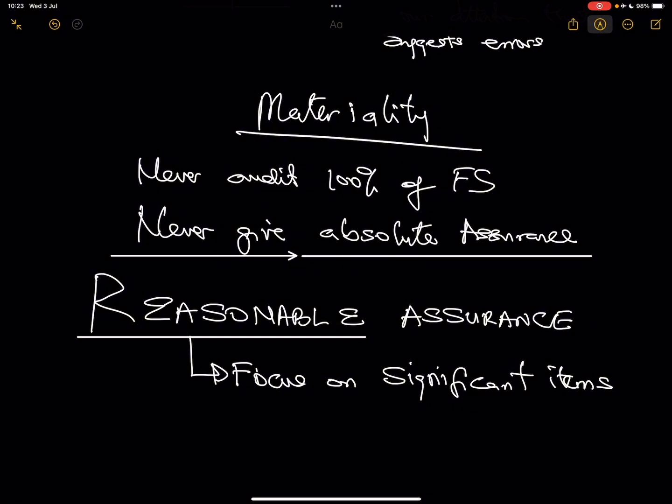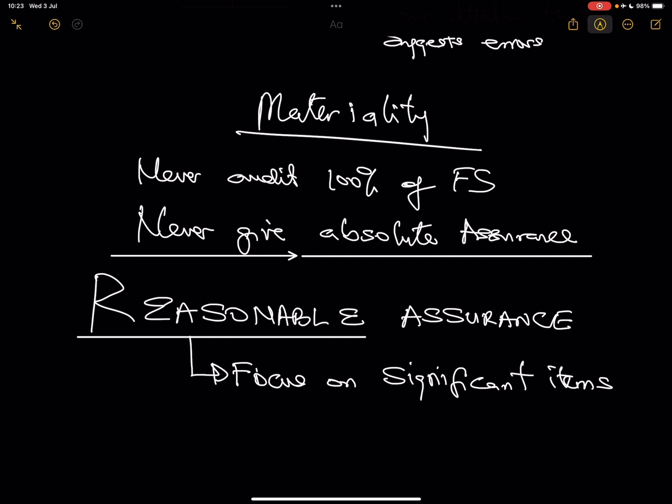Materiality means an item is said to be material when changing that number is huge enough to change the decision of the users of accounts. If that number is big enough to influence the decision of the users of financial statements, then you say that item is material. That is the definition.